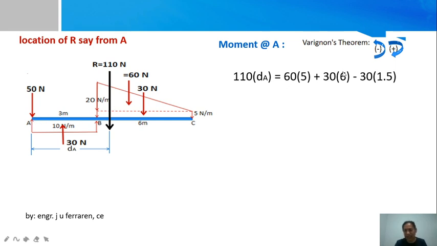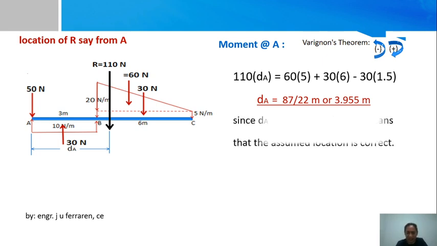Last is a force going upward that produces an opposite direction, which is counterclockwise. That is why I have a negative. It is exactly halfway of 3, so the value is only 1.5. My dA comes out to be a positive 87 over 22. The result is positive, dA is greater than 0.